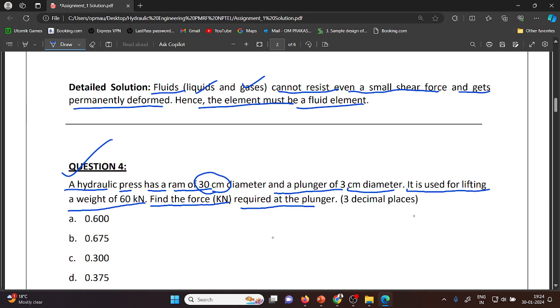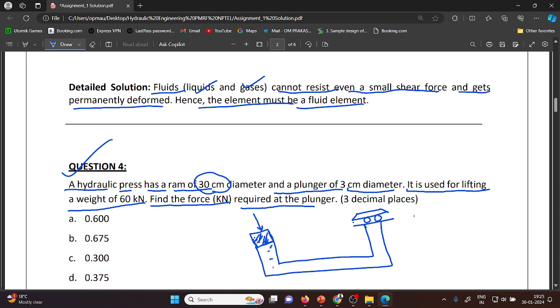Let's suppose one plunger is there. Here at this end some weight is there, just imagine one car is there, and here is the plunger.